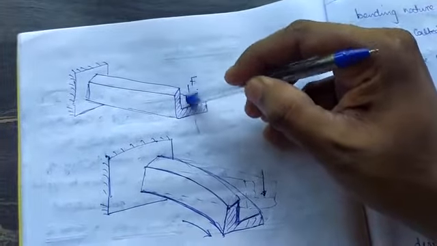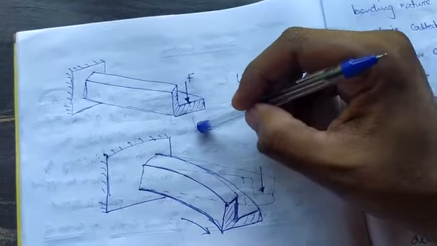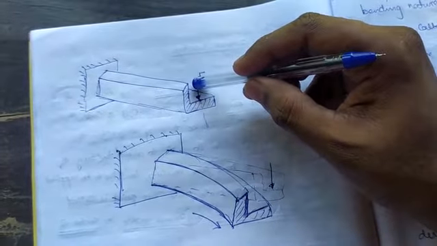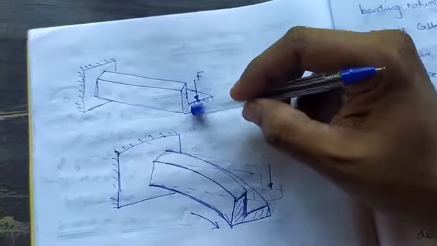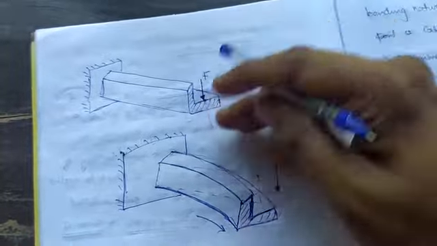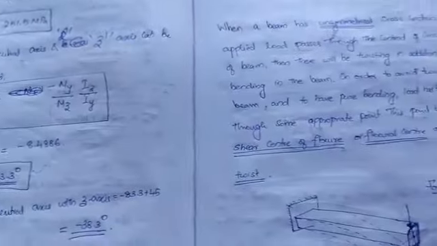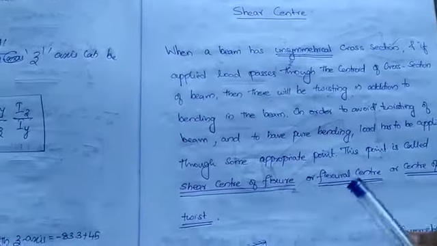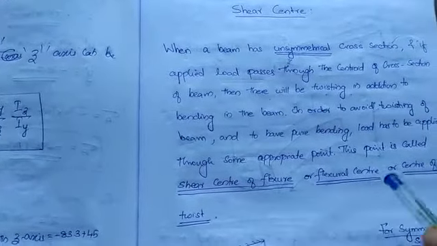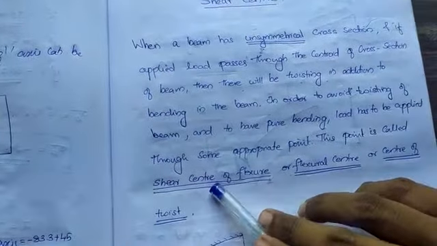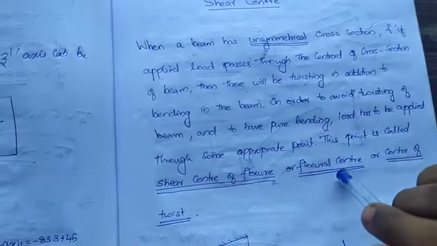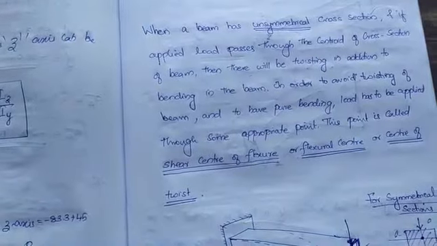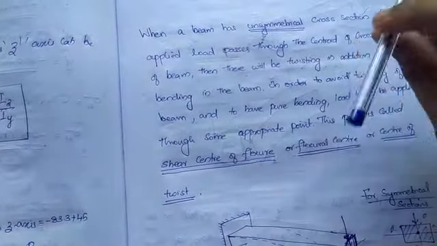You are applying this load, and to prevent this twisting which is caused by this load, you need to apply a load on some other point to keep the twisting effect in equilibrium, and this point is called shear center of flexure or flexural center or center of twist. I hope that you got what I am telling.